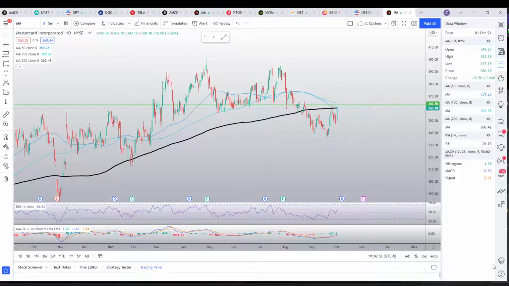If it gets above that, the next is your 100 and 50 moving average. If it passes through all of those, it's really, really bullish. What is the other bearish sign on all these? The bearish sign is when it crosses right here.